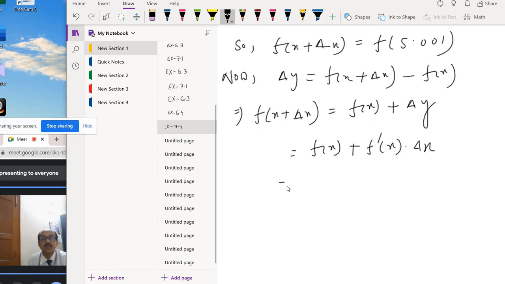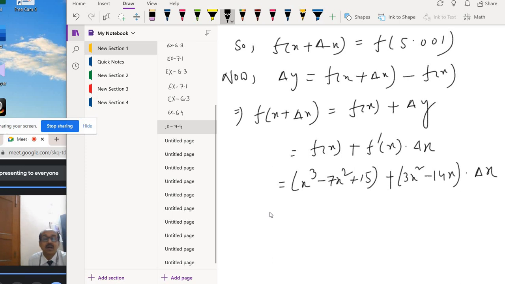Now f(x) is given in the question, x cube minus 7x square plus 15, plus f dash x, 3x square minus 14x, into delta x.